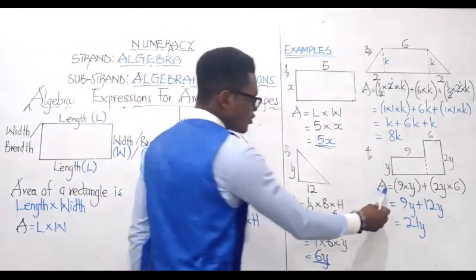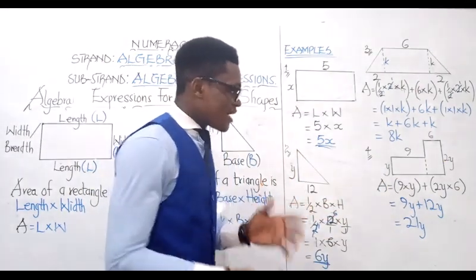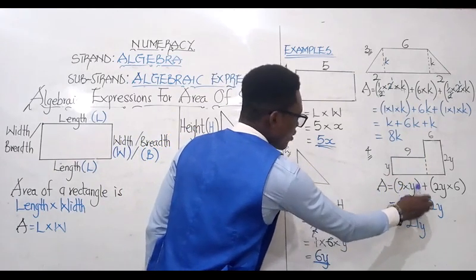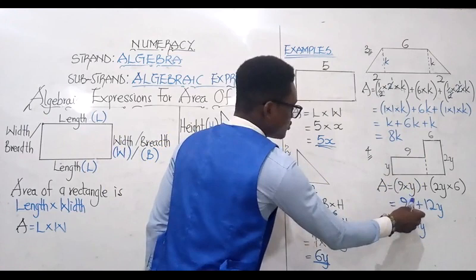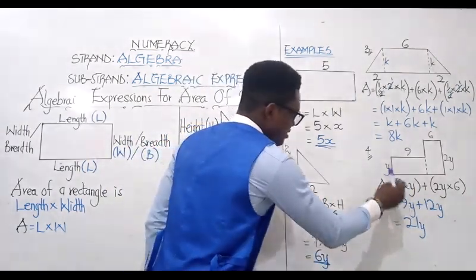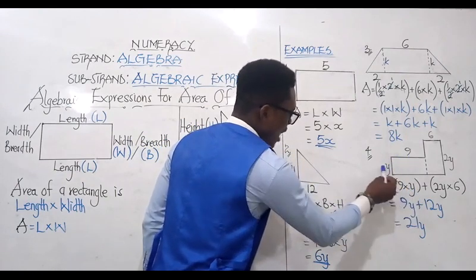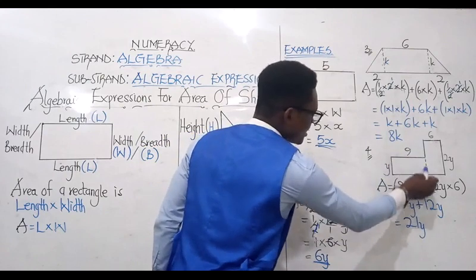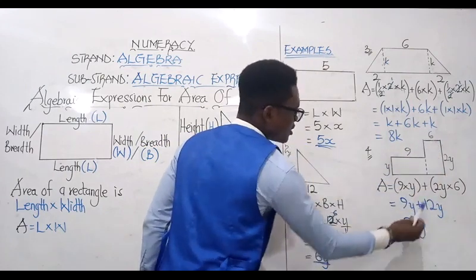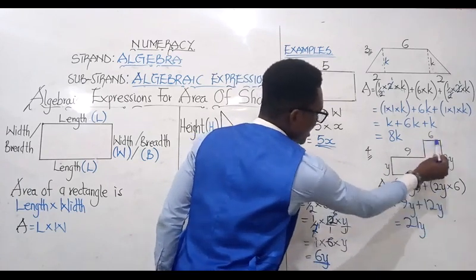Now we know that the area of a rectangle is length times width. So our length is 9 centimeters times y, all in brackets. Put it in brackets to make your work very neat. So 9 times the width, which is y, plus, now for this shape, same rectangle, the length, the longer part, is 2y times the shorter part, which is 6.